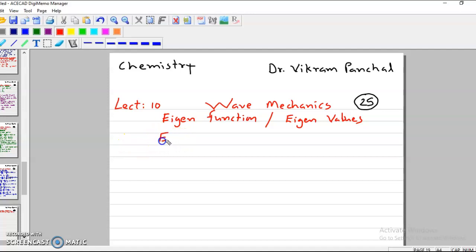So, eigen. It is a German word and in German language eigen means proper.